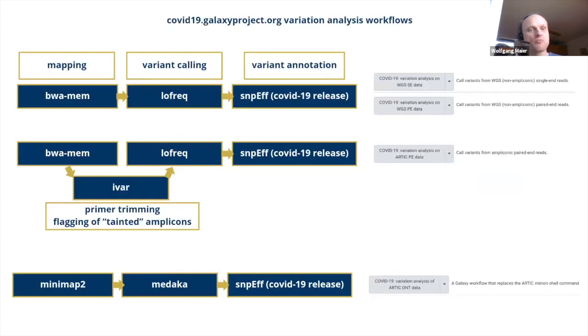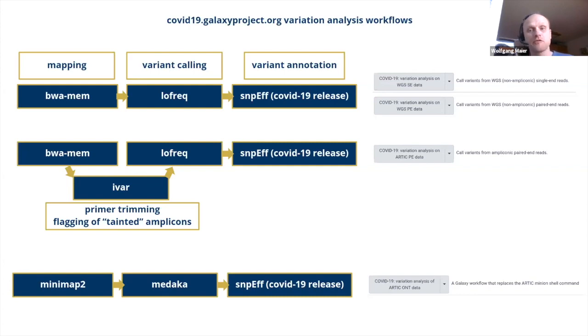So this is answering the other question, how different do the workflows have to be? Well, for whole genome sequencing data and Arctic data, as long as it's Illumina data, they can be rather similar. So at a very high level, if you just divide the workflows into mapping step, variant calling, and variant annotation steps, you see we can pretty much use the same tools. So we're using BWA-MEM as the read aligner.